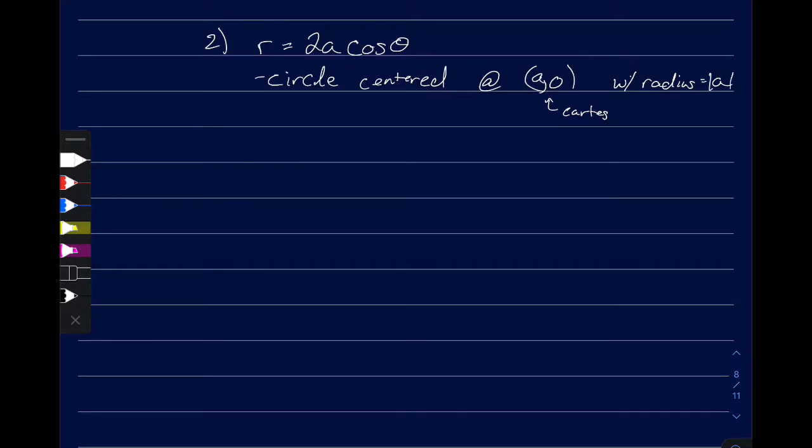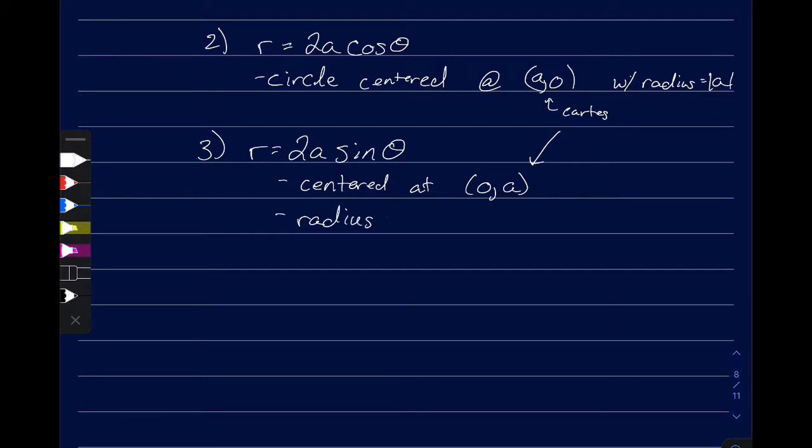And its radius isn't negative because radii are always positive. Okay, the third type, r is equal to 2a sine theta. So this is centered at 0, a, also in Cartesian coordinates, and its radius is the absolute value of a again.